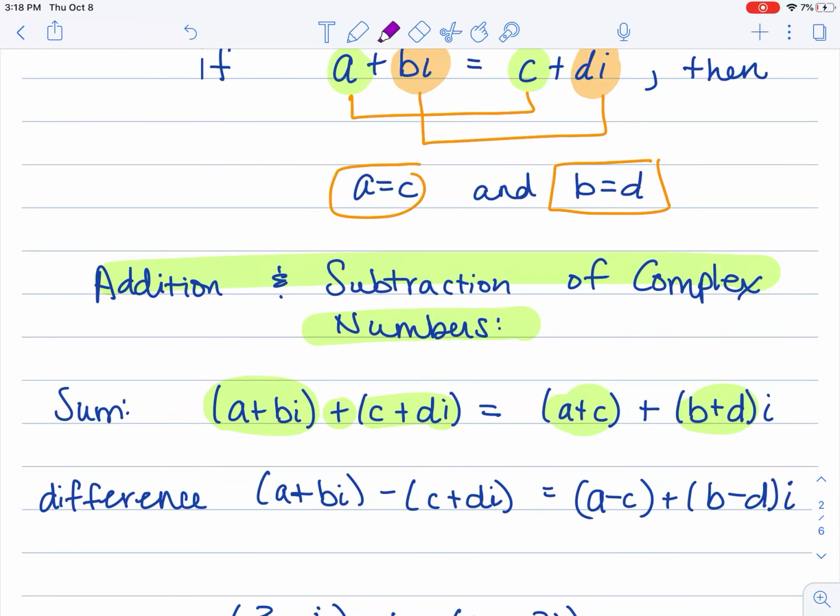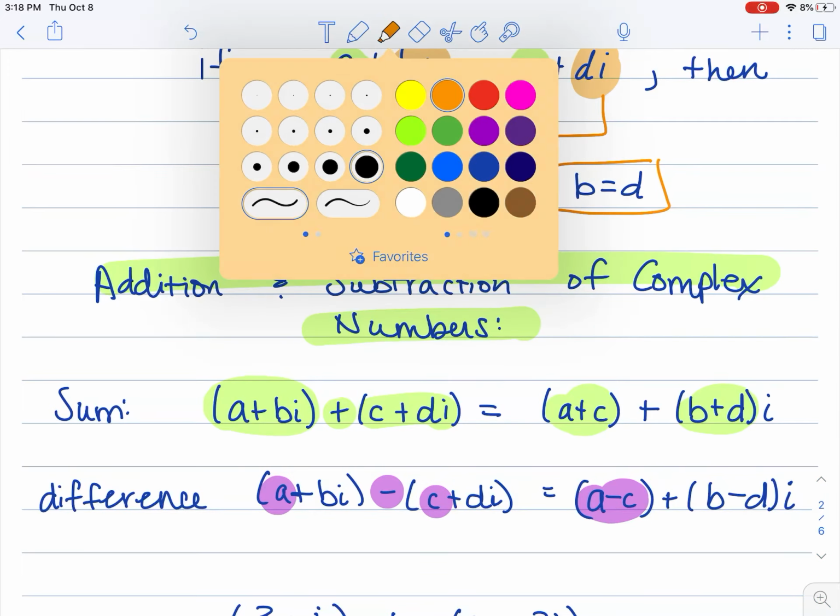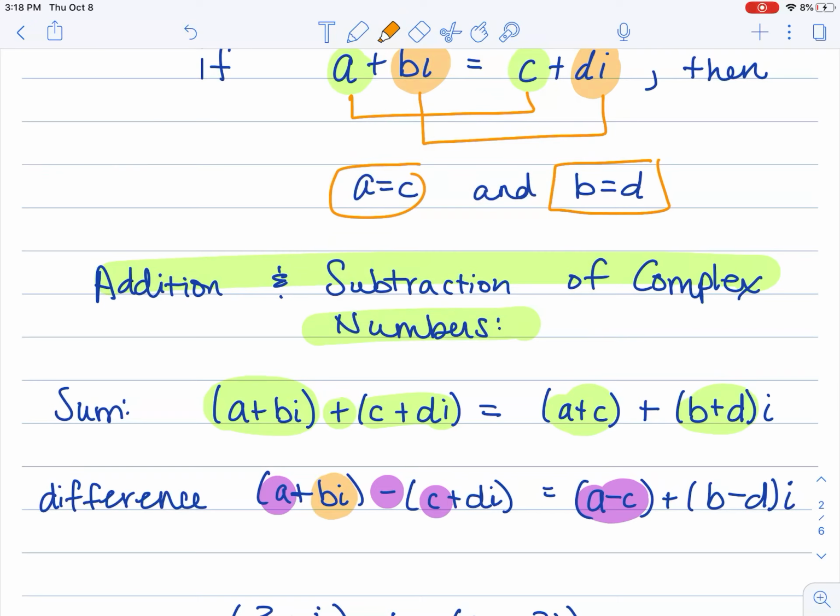When I'm finding the difference, just keep in mind that we can still separate, but it's going to go a minus c is the real part. And then it's going to be bi minus di. So that's why we say b minus d i here.